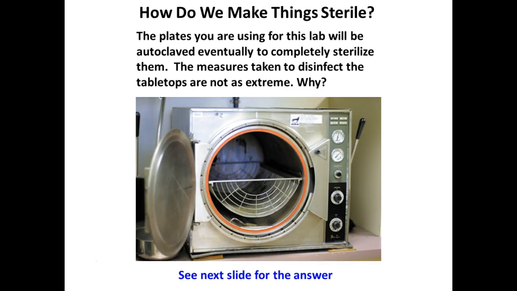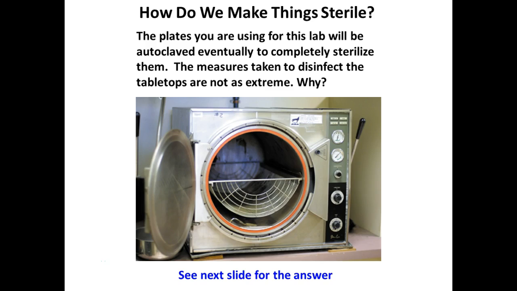So, why do we make things sterile? The plates we use in lab will be autoclaved eventually to completely sterilize them. The measures taken to disinfect our tabletops are not that extreme. So there's a picture of an autoclave. You stick it in, we seal it up. It's a pressurized chamber.